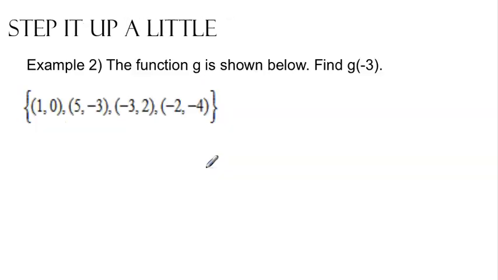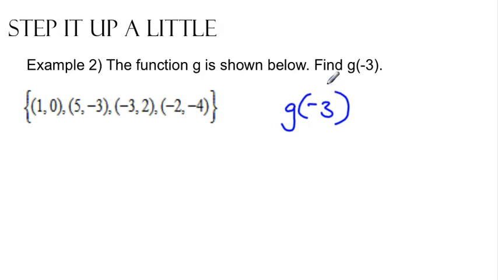So let's look at example 2. Now this one is strictly speaking evaluating. I've got this function g, which is given by a set of ordered pairs, and I want to find g of -3. So g of -3, the g tells me I'm dealing with this function. That would be important if I had multiple functions there.